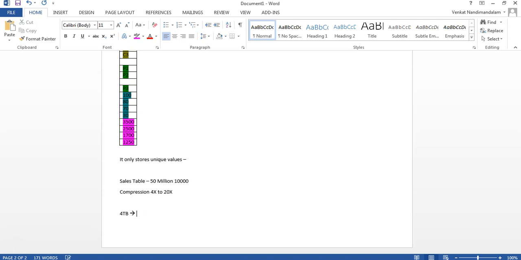Or, with the kind of data you have, it can even become a 256 GB system. So you are able to reduce your system size and you have your entire data set in RAM. You are no more storing your data in a disk database. You are storing your data in RAM.